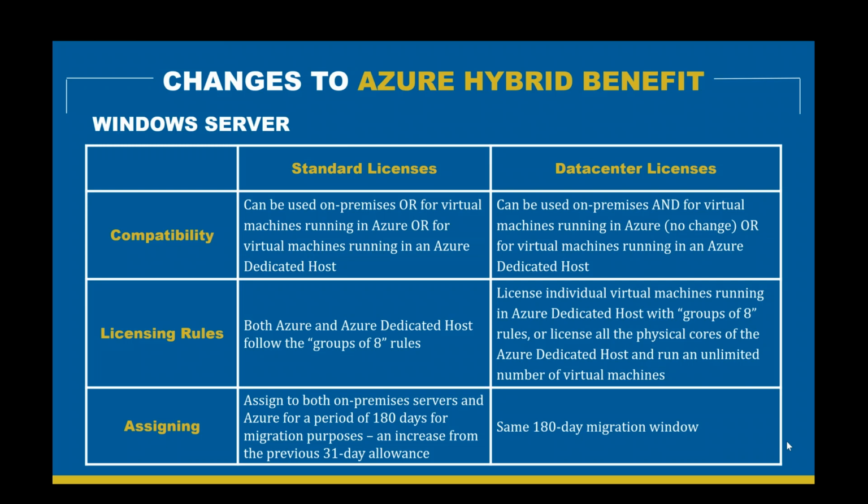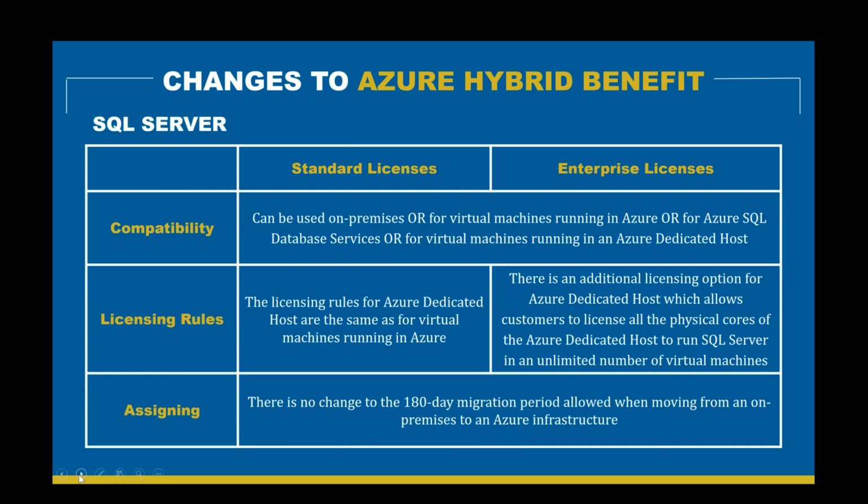As far as assigning the licenses, there was an increase from the 31-day allowance to 180 days, where for standard licenses you can assign both on-premises servers and Azure licenses for that period of 180 days for your migration process. The data center license has the same 180-day migration window. So just a couple of changes there, but we wanted you to be aware of them.